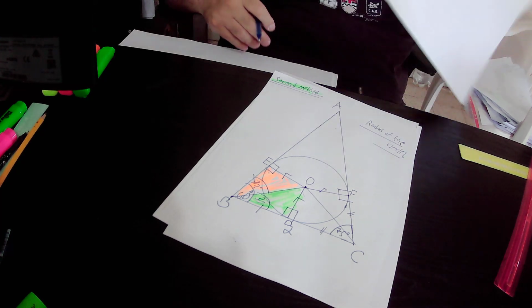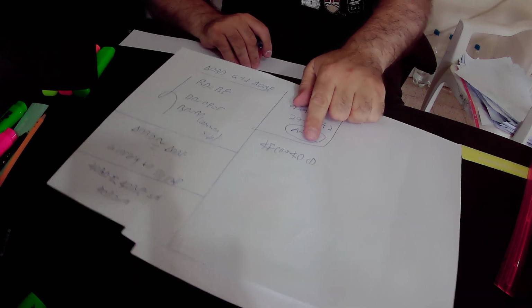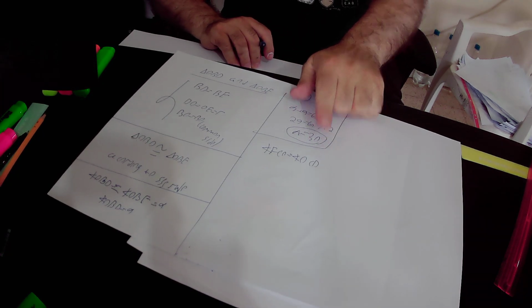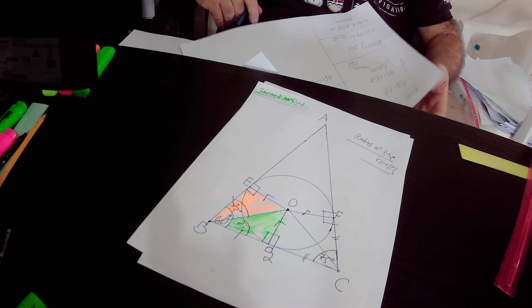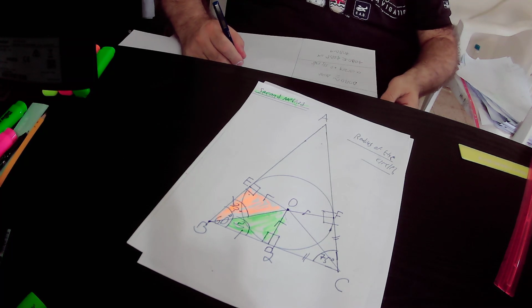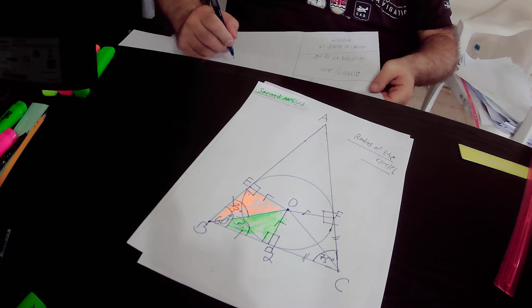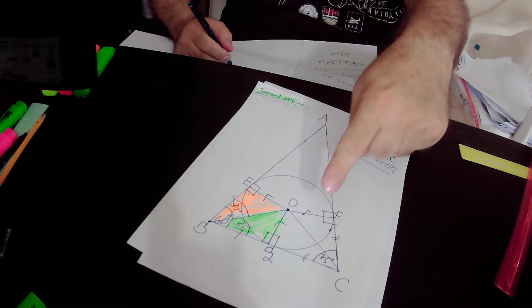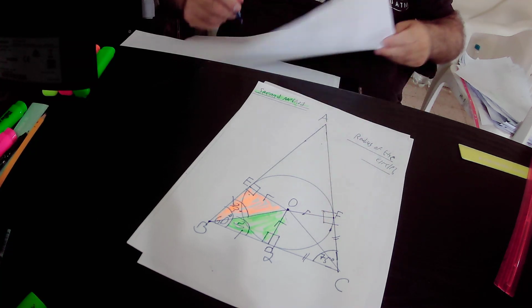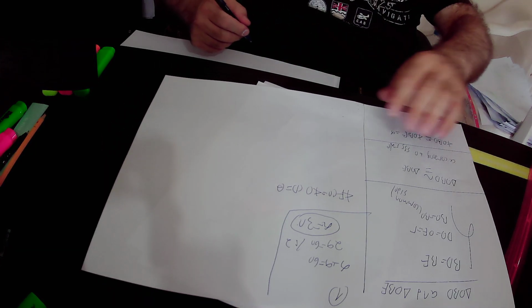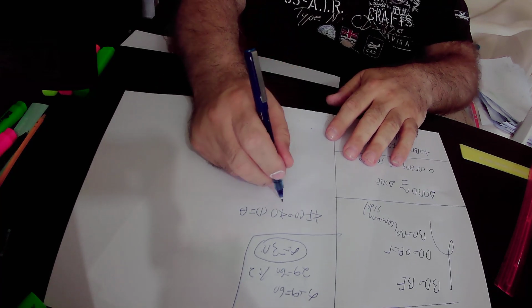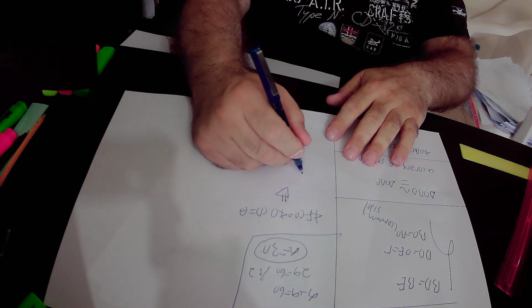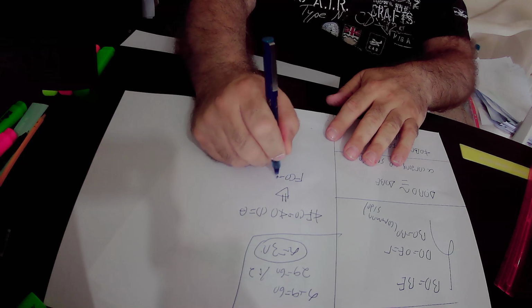If we define angle OCD as theta, then from the equation angle FCO equals angle OCD equals theta, we derive that angle FCO is also equal to theta.